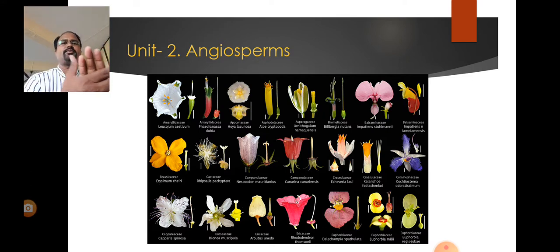Suppose there is one name, Mangifera indica L. Mangifera is defined as the generic epithet, the species epithet is indica, and the L with a full stop is nothing but the abbreviated form of Linnaeus. So this is the common method of writing a plant name.